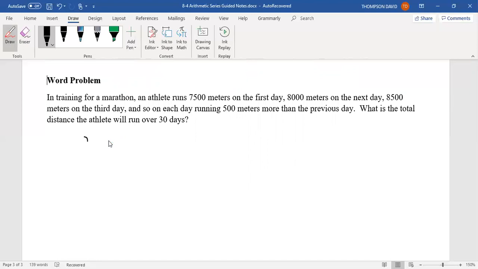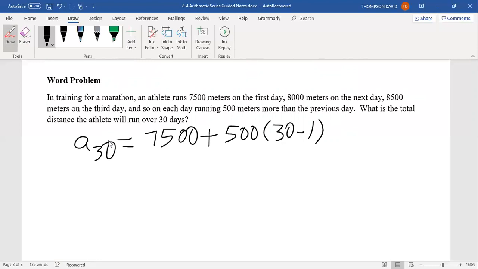To do that, we're going to say a 30 equals 7,500, which is my first term, plus we're increasing by 500, times 30 minus 1. Plug that in our calculator, and we can figure out how many meters he ran on the 30th day. And that just gives me 22,000 meters.